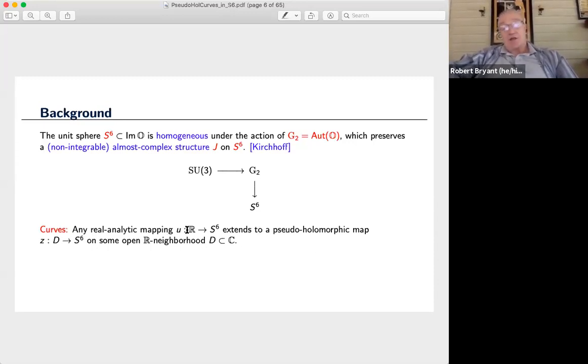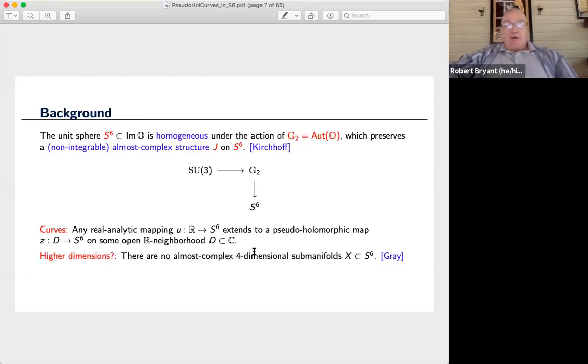That is, if you take any real analytic curve in the sixth sphere in R, then it extends to a pseudo-holomorphic map on some domain, a neighborhood in C, into S^6. But there are no higher dimensional almost complex manifolds. It was proven originally by Gray in the sixth sphere. It's as far from integrable as you can get.